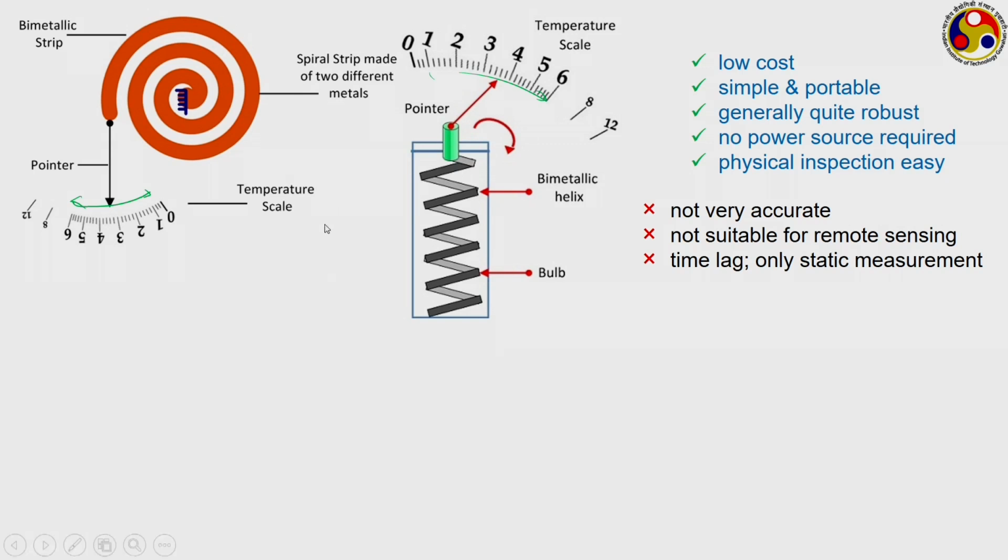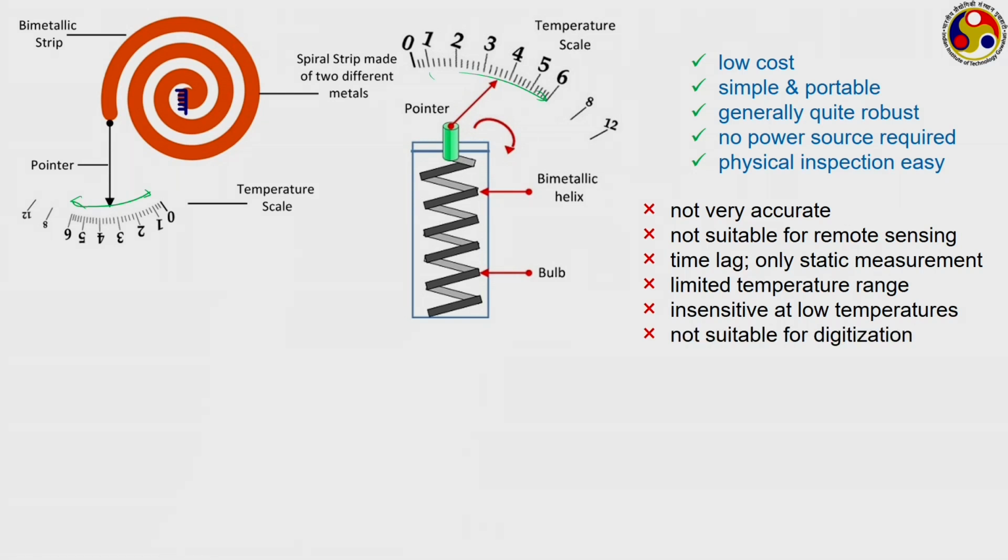So, it is more suitable for static measurement. Limited temperature range, because it is limited by the properties of these two metals. Finally, insensitive at low temperatures and not suitable for digitization.